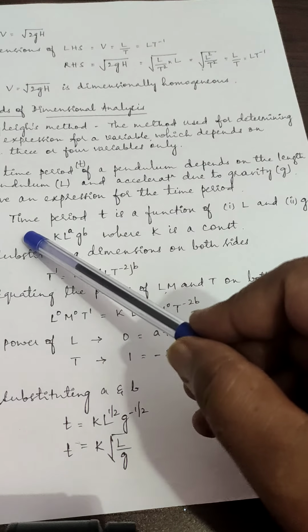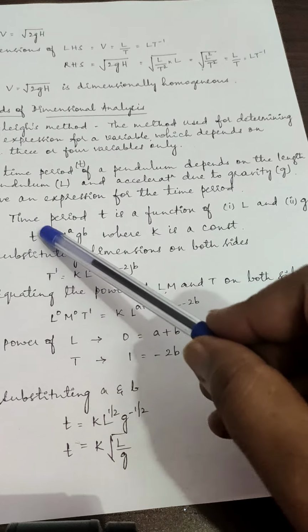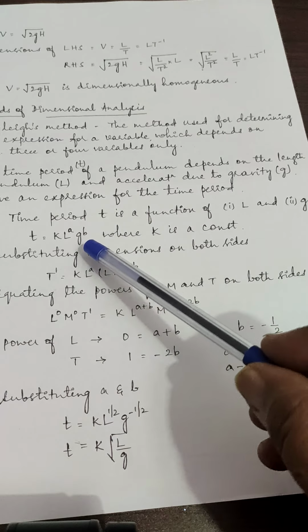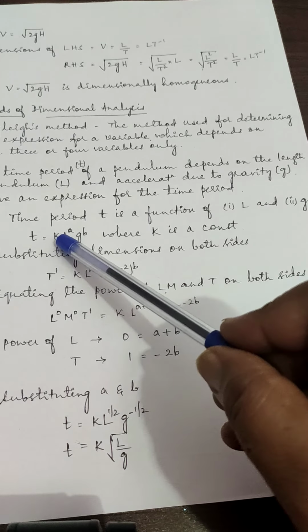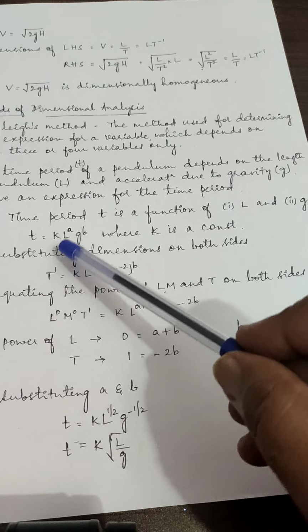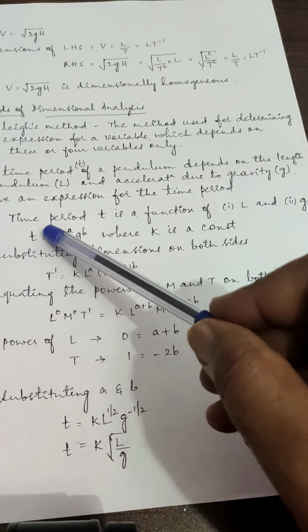If this quantity depends on some other variable which is inversely proportional, then we write a dash and write that variable which is inversely proportional to this.